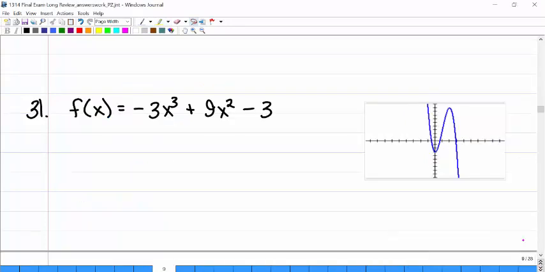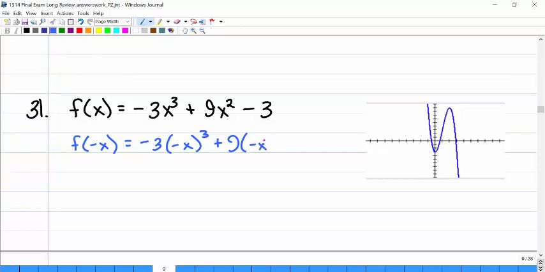For number 31, I'm going to do the same thing. F of -x. Evaluate the function at -x. I get -3 times -x cubed plus 9 times -x squared minus 3. So I get 3x cubed plus 9x squared minus 3. That is not equal to f of x.